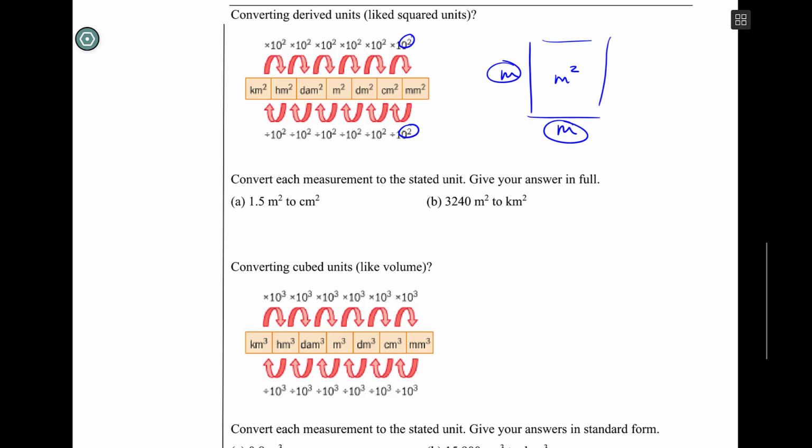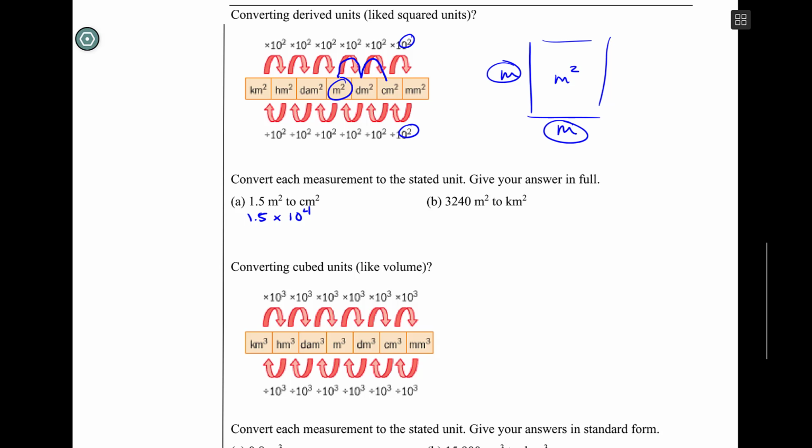Okay? So we want to convert each one of these to our stated units. So for this one, 1.5 meters squared to centimeters squared, starting at meters squared, and I'm moving over 10 squared and another 10 squared, which means I'm going to multiply that by 10 to the 4th power.